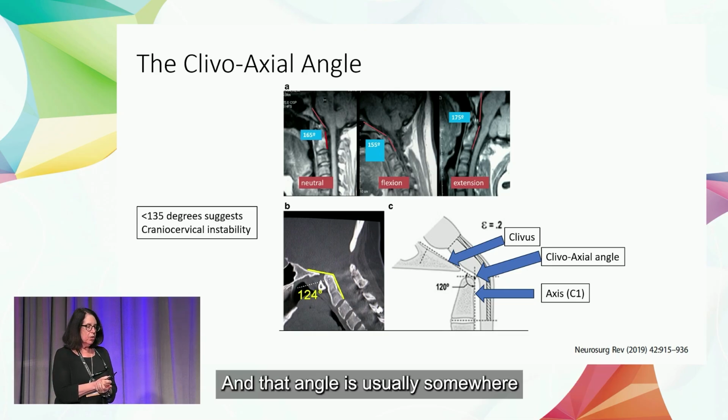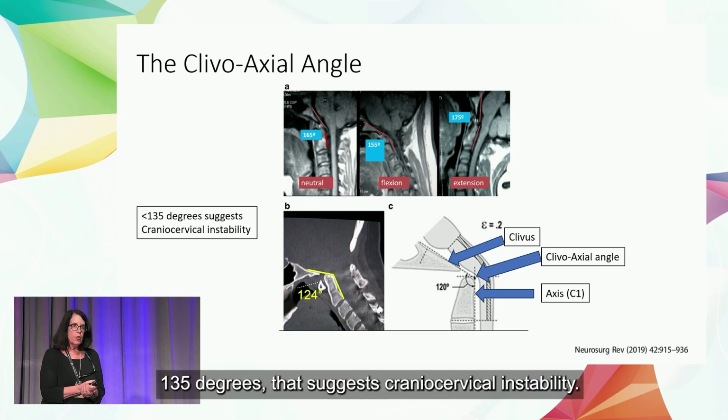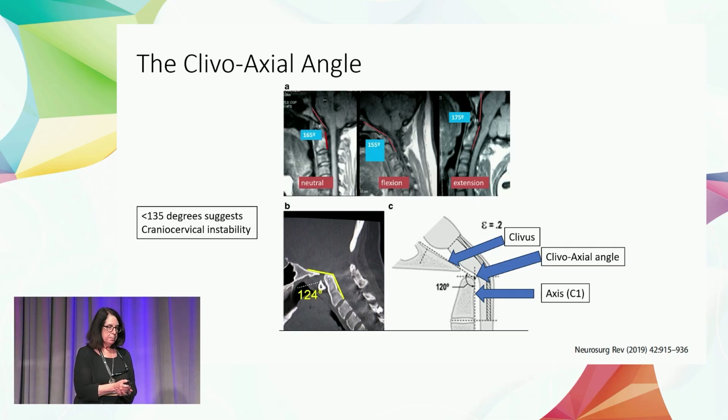And that angle is usually somewhere between 145 and 160 degrees. But if it is less than 135 degrees, that suggests craniocervical instability.